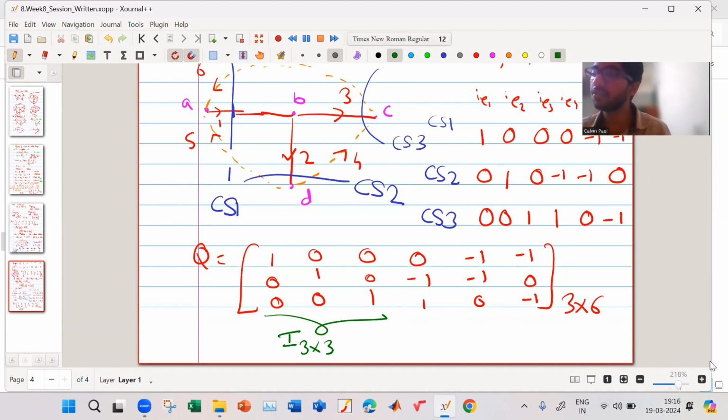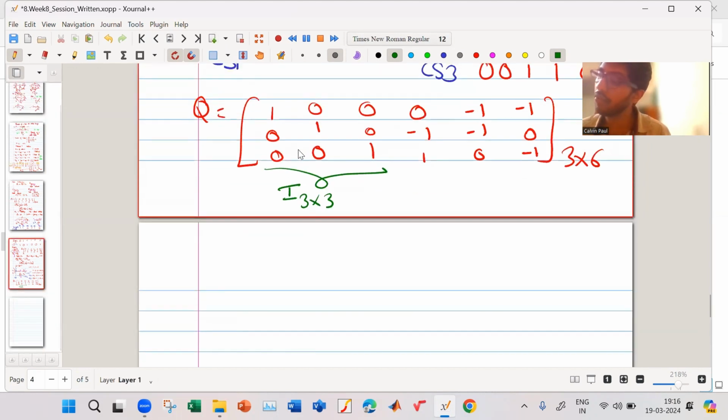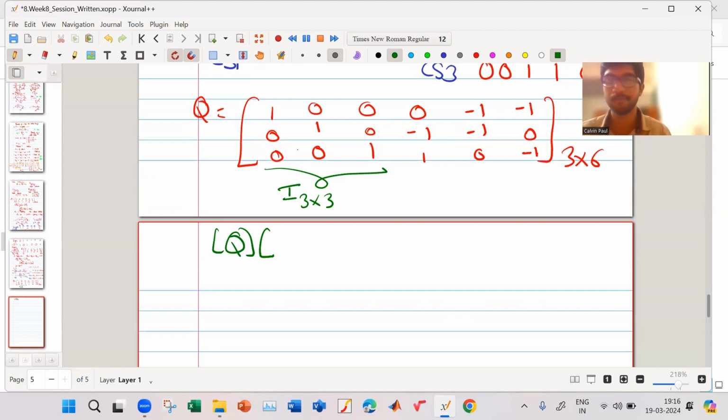So now for this, we have the relation that this will be your Q, multiplied by what? Multiplied by your element currents.